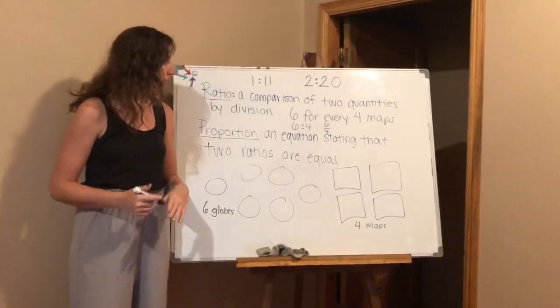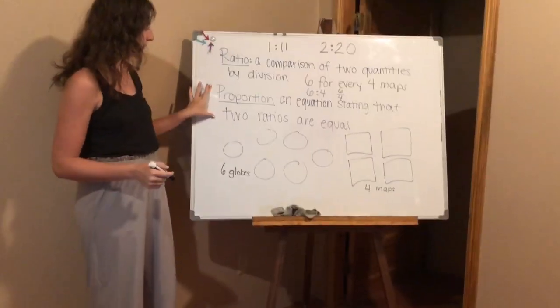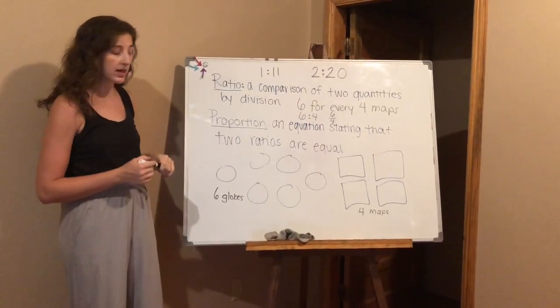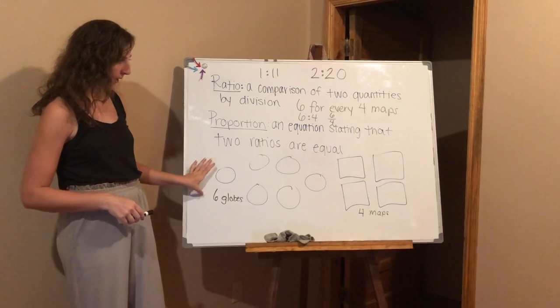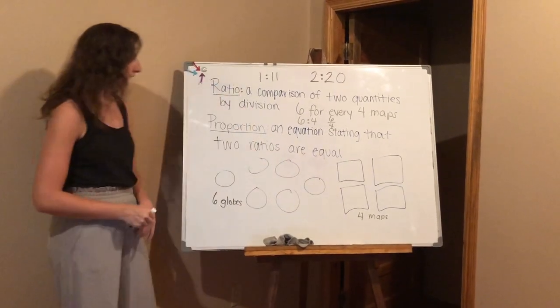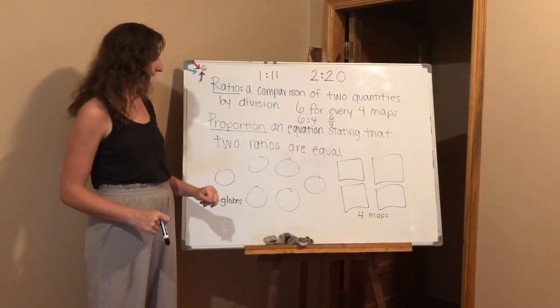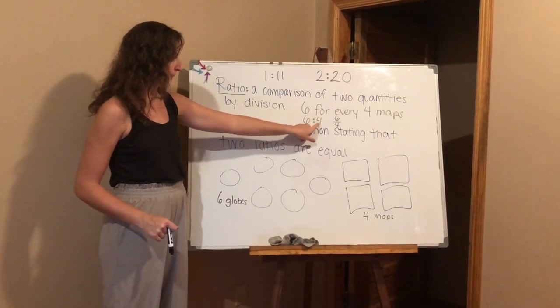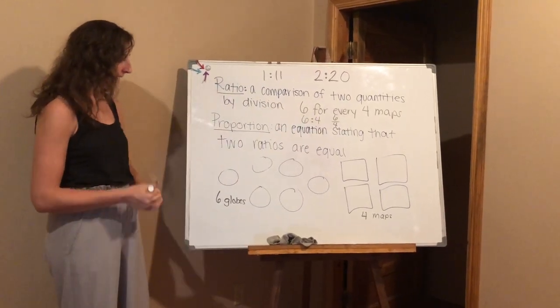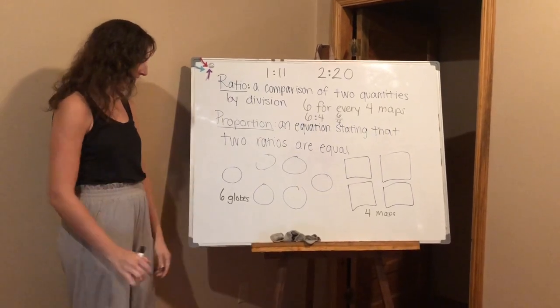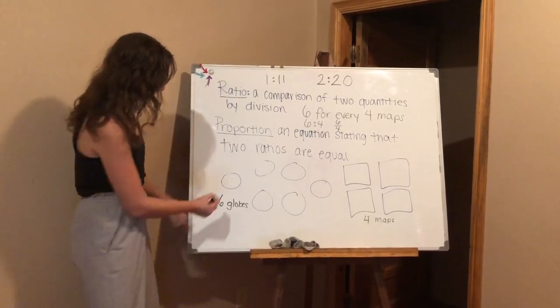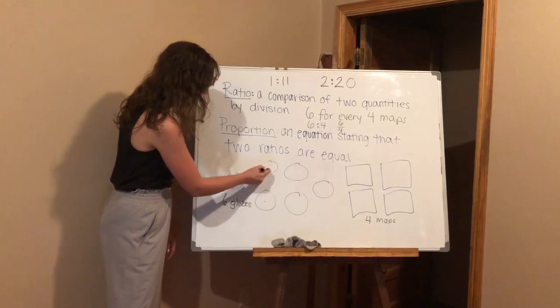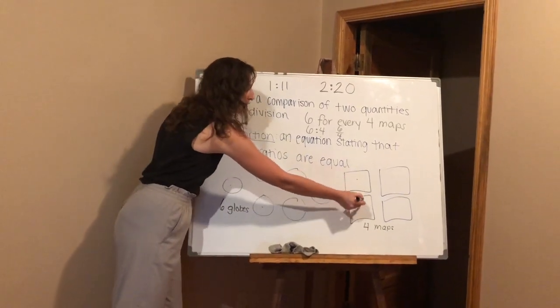So now that we know what a ratio is, we're going to talk more about what a proportion is. Back to our example about globes and maps, our ratio said that we had 6 globes to every 4 maps. But we could also say that for every 3 globes, we have 2 maps.